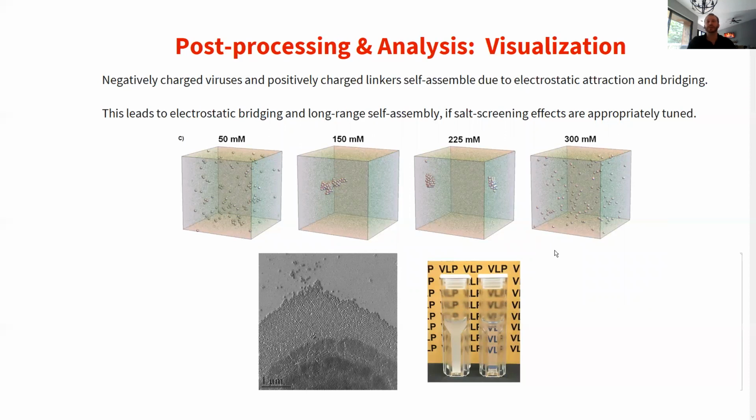So here are visualizations associated with a project that I worked on for nanoparticle self-assembly, where you can see the plot label here varies from left to right, increasing salt concentrations. As you titrate salt, you see a pretty drastic variation in the propensity for self-assembly, where in some ionic strength conditions you see extensive self-assembly, and in some you see no self-assembly at all.